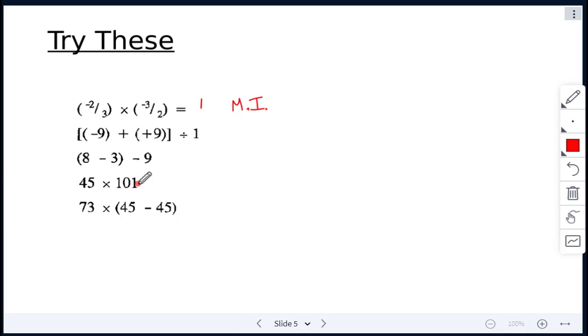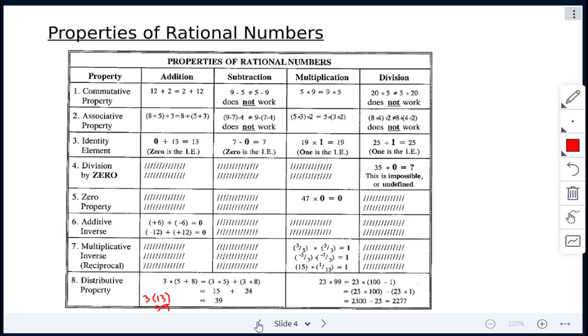Here in this example, we have negative 9 plus positive 9. From our properties, we know that if we take additive inverse property, the answer will be 0.